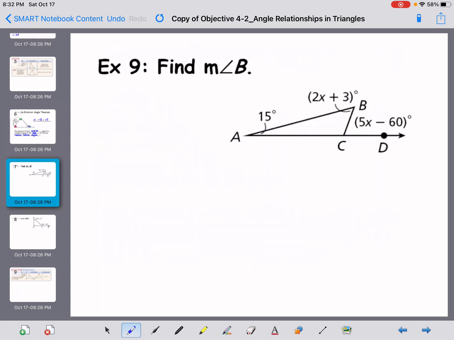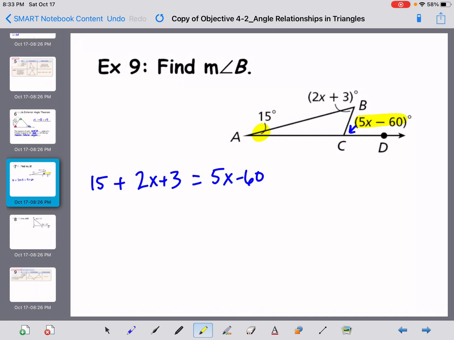All right, so how does this work? I've got angle ABC. Angle A is 15 degrees, angle B is 2x plus 3, and then this angle right here, 5x minus 60, that's on the outside, right there, where that angle C is, but it's on the outside. So basically, this triangle exterior angle theorem says if I add 15 and 2x plus 3, it would equal 5x minus 60.